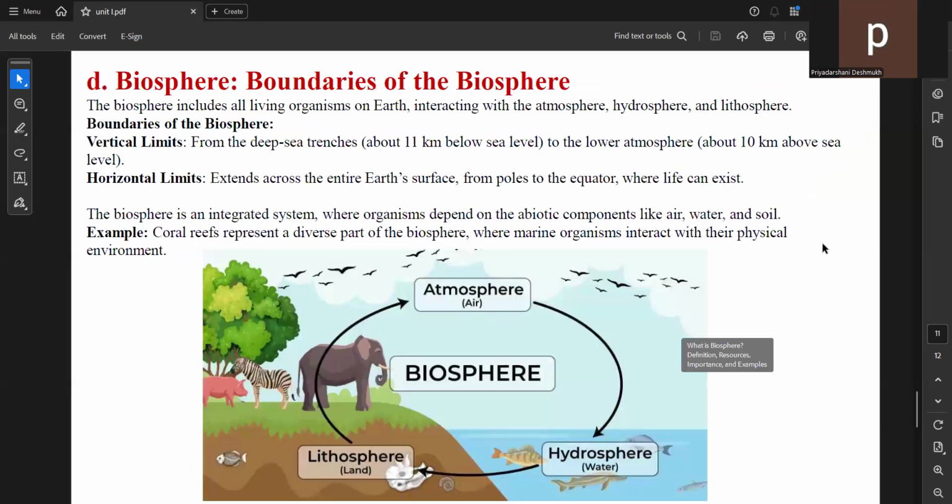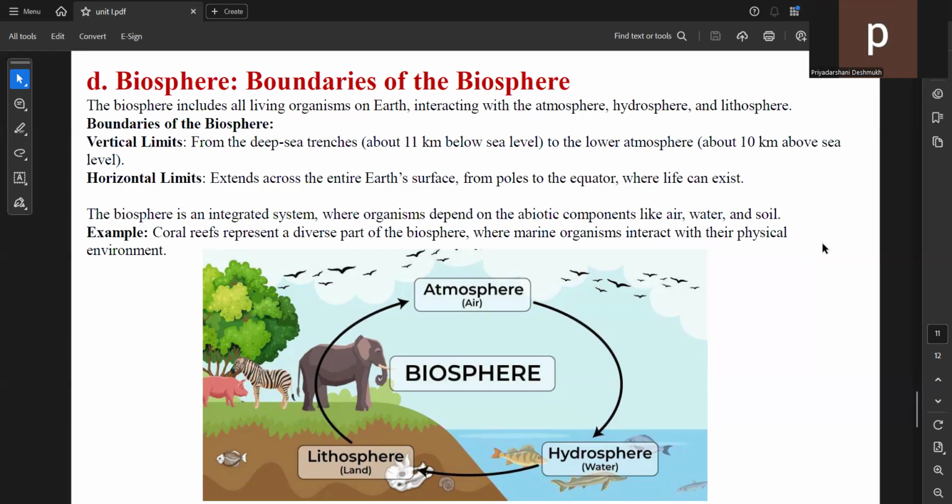The next is the biosphere. Here in the biosphere, it includes non-living and living organisms on the earth interacting with the atmosphere, hydrosphere, and lithosphere. Now, the boundaries: vertical limits and horizontal limits.